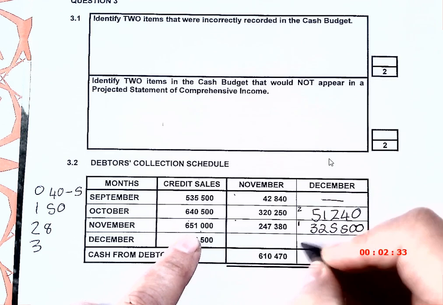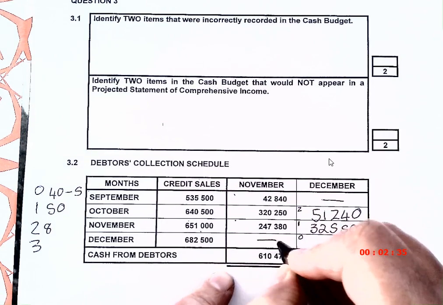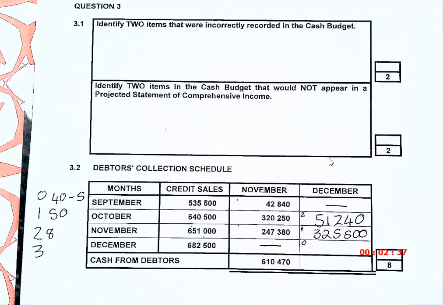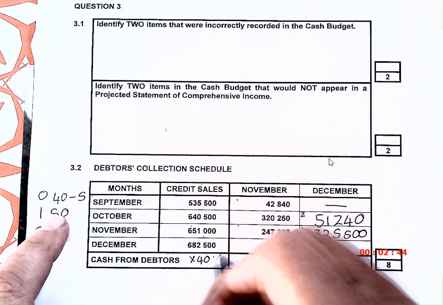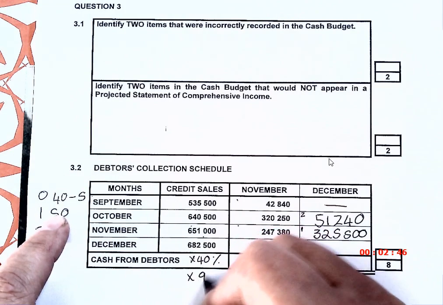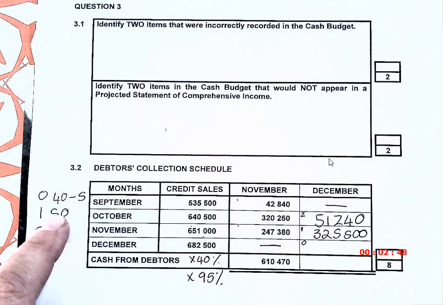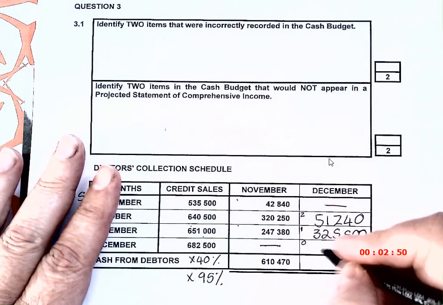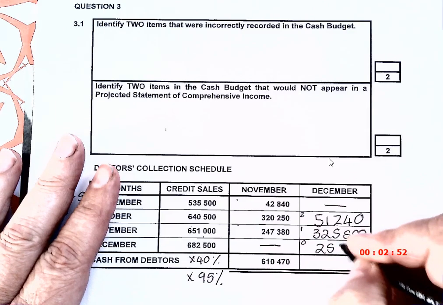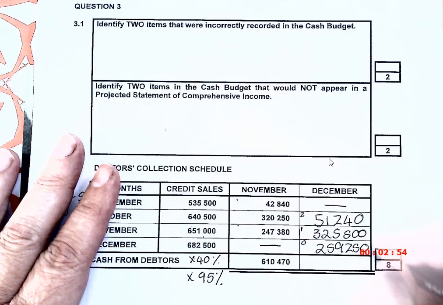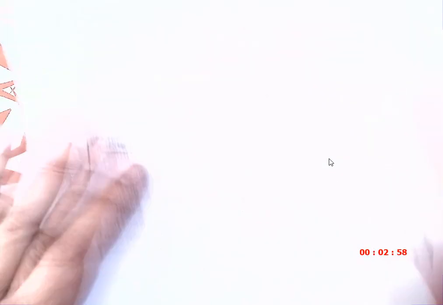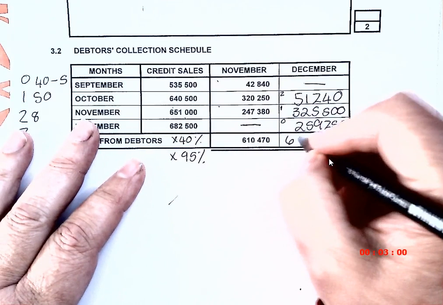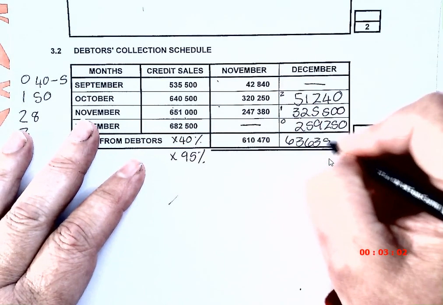Now December is 0. Nothing in November because we don't pay before we buy. So now I say times 40% times 95%. And that gives me? And then I total, and that gives me 6350.